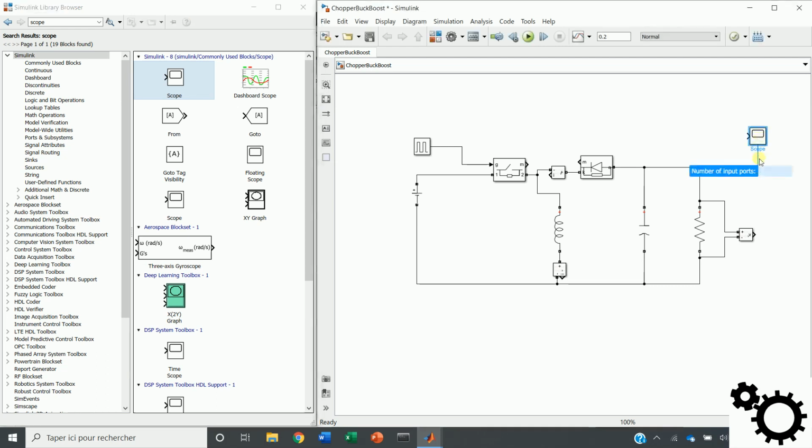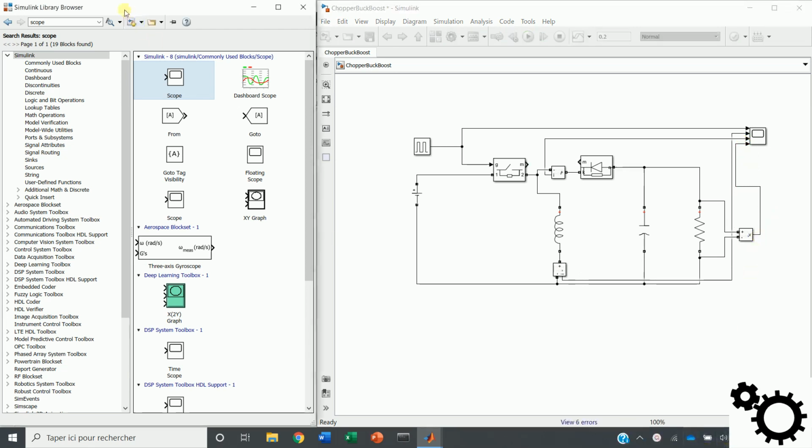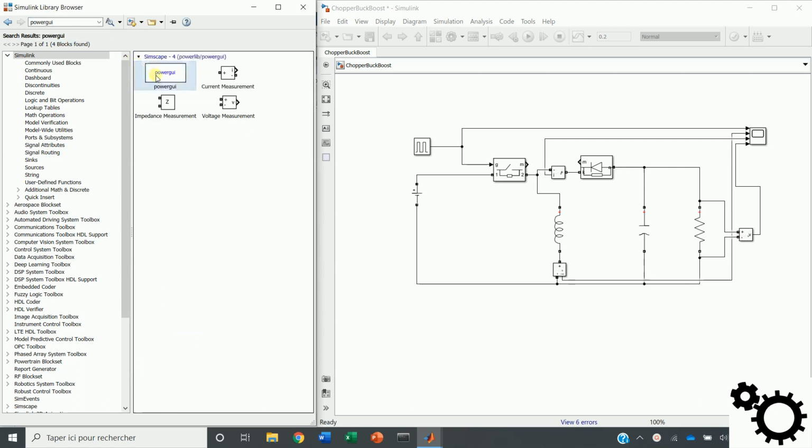So the number of inputs is 4. One for the pulse generator, one for the current through the inductor, one for the current through the diode, and one for the output voltage. Don't forget to add the power grid block for solving the circuit.